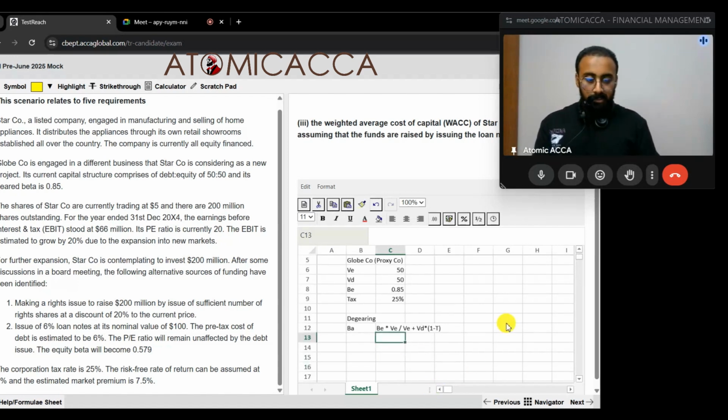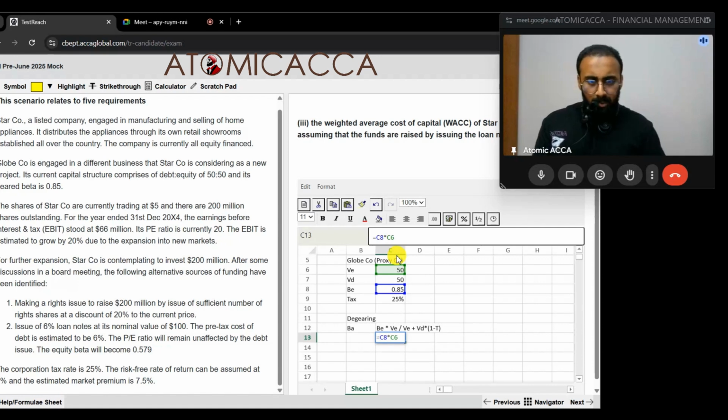Now let's incorporate these numbers over here. Beta equity is given, multiplied by value of equity, that is the numerator, so no need to put a bracket. We'll put brackets for the denominator: value of equity plus value of debt multiplied by 1 minus t, meaning 1 minus 25 percent, which will be 75%, so I can just take it directly.